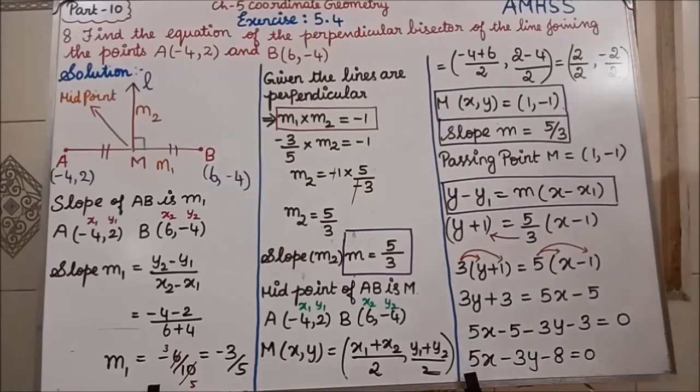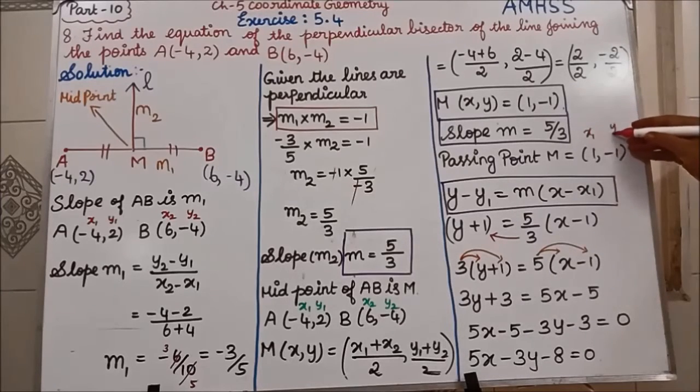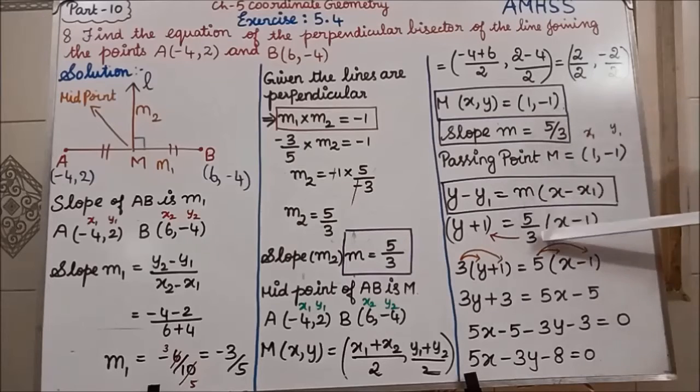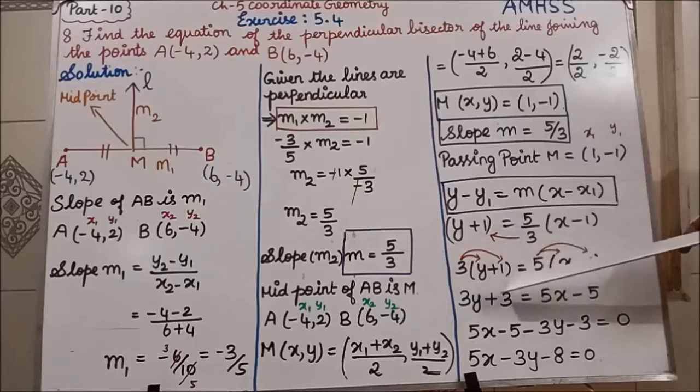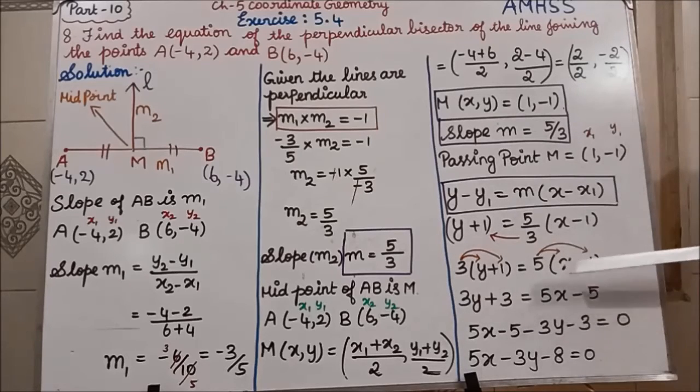Now we are substituting the values. y1 we are having here is minus 1, so it will become y plus 1 equal to m, the m value is 5 by 3, so 5 by 3 into (x minus 1). We are cross multiplying the 3: 3 into (y plus 1) equal to 5 into (x minus 1). 3 into y is 3y, 3 into 1 is 3, equal to 5 into x is 5x, 5 into 1 is 5.